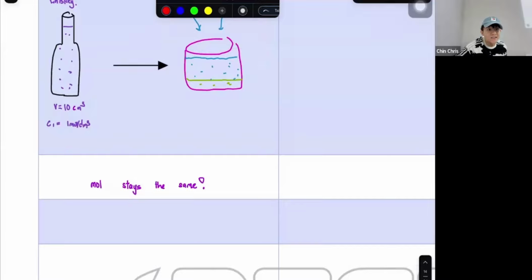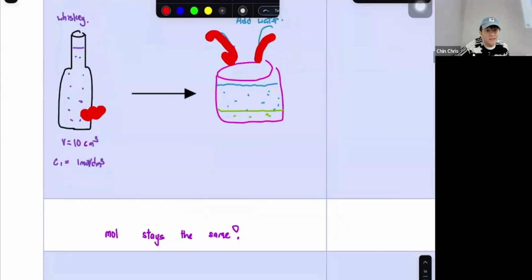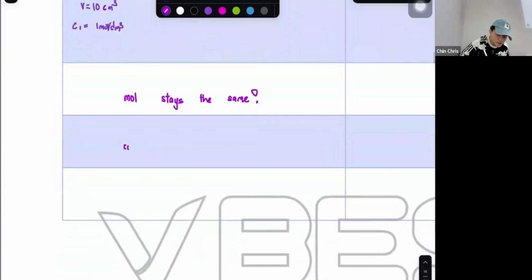So what changes here is our concentration. Taking in the entire thing from the bottle tastes very bad, but if you add some water, add some Coke, it will be a bit better. So concentration changes.